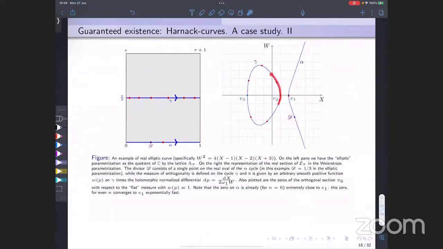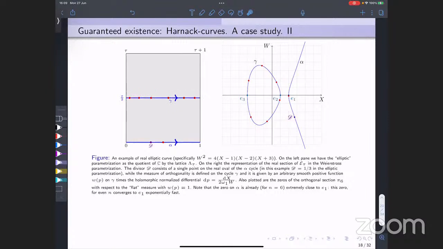I take a real positive measure on one of the real ovals. This real oval corresponds to this line here. The measure doesn't have to have any particular property except that it has full support, and I am assuming that it's analytic in a small strip around the contour.